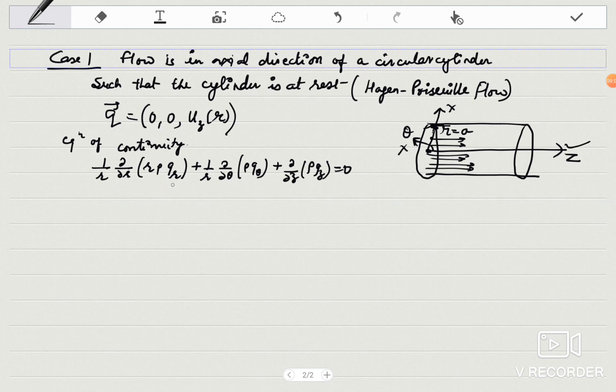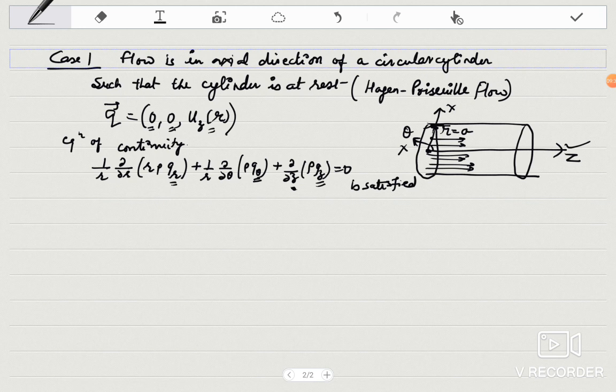Here qr, the first component of velocity, is 0. q theta, the second component of velocity, is also 0. And this is qz, that is uz, which is a function of r, where you have to take the partial derivative with respect to z. So it is also 0. So your equation of continuity is satisfied. So flow is possible.